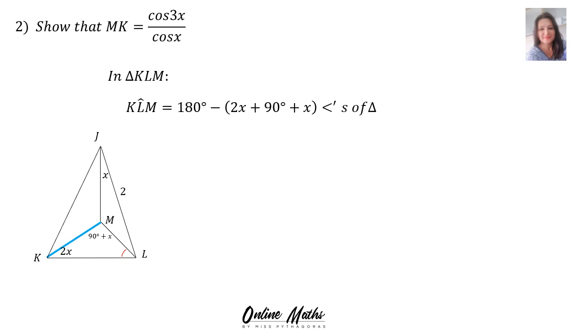So it's 180 minus, and then inside a bracket the 2x, which is K's size, plus the 90 degrees plus x, which is M, and you give the reason: angles of a triangle.